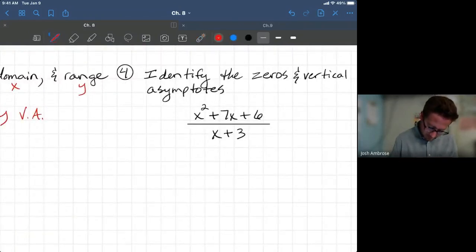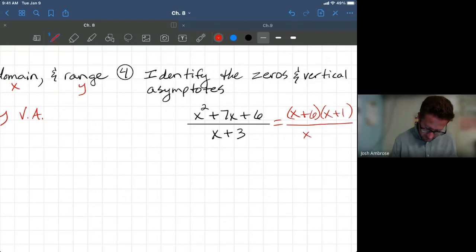So solve the top, and that means we are factoring it. x here, both plus signs. It's going to be 6 and 1. And then this just stays as x plus 3.